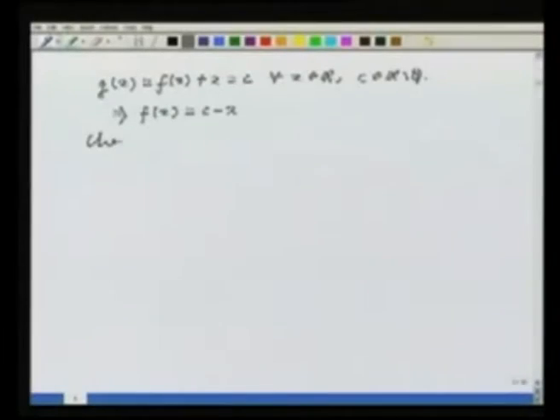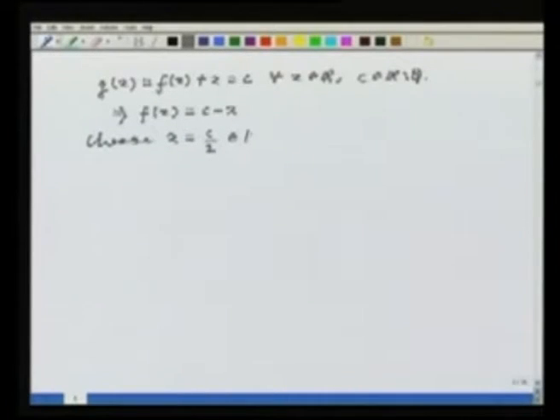Now in particular let me choose x equal to C by 2. Then I know that this is also an irrational number. This cannot be rational because if C by 2 is rational, call it R, then C equal to 2R. But if R is rational, then 2R is rational, that means C will be rational, which is not the case.